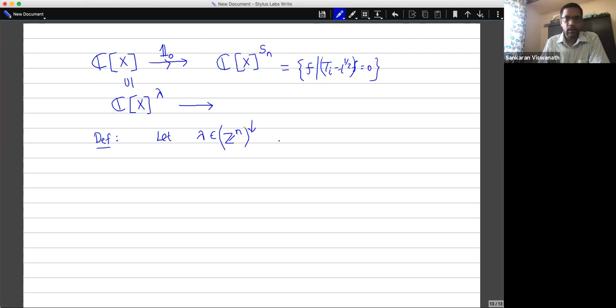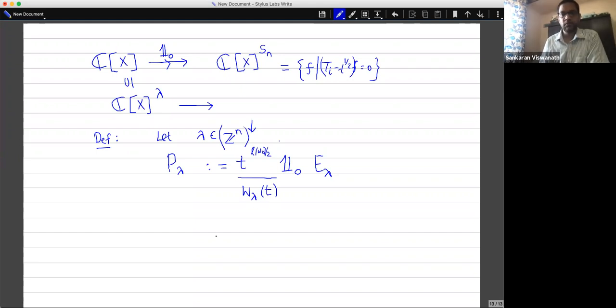Let's define the symmetric Macdonald polynomial P lambda as what you get when you apply 1, 0 to the non-symmetric Macdonald polynomial E lambda. I'm going to define it like this, and then there is some normalization factor outside.